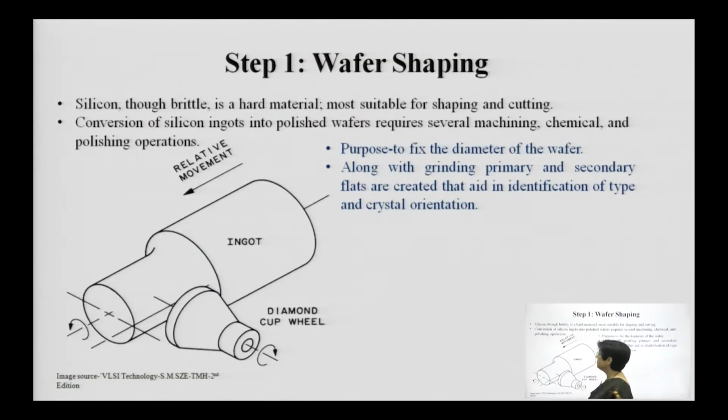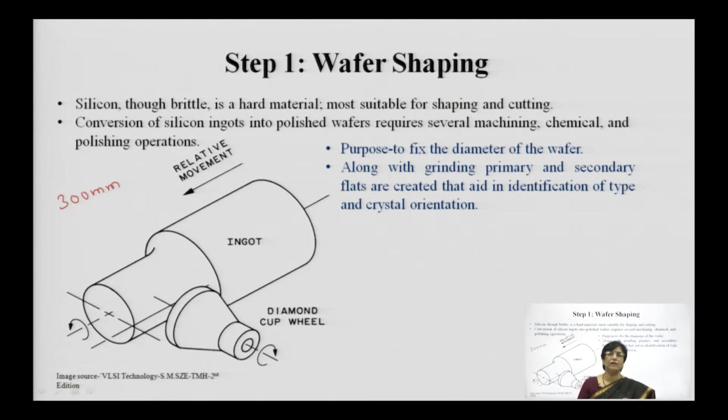So, let us first check out this particular process. The first stage is wafer shaping. Now, you have got the ingot. These days we are able to get ingots as heavy as 300 kgs, with diameter up to 300 mm, that is 30 centimeters, or even bigger.